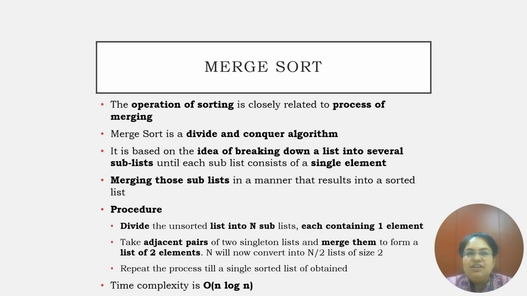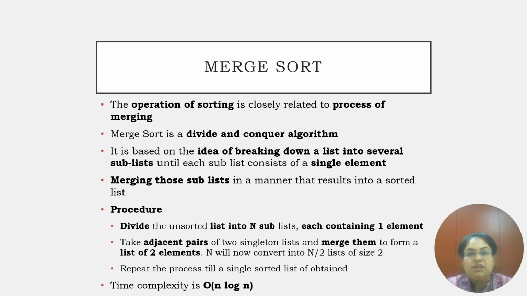Take the adjacent pairs of single lists and merge them to form lists of two elements. N will now be converted into n divided by 2 lists with the size of 2. We repeat this process till a single sorted list is obtained.